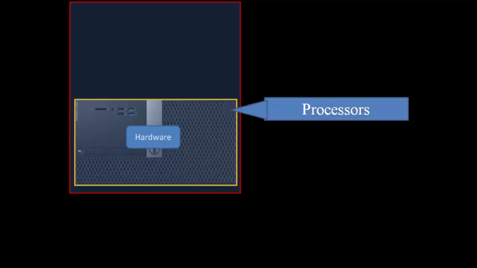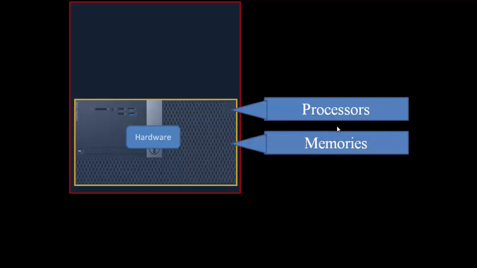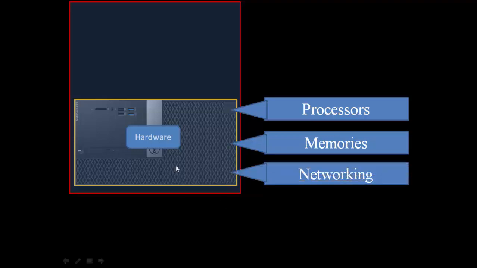It is nothing but the hardware, and hardware has a set of hardware devices, for example processors, memories like RAM, ROM, etc., and networking devices. So this is the first layer of our server, that is hardware.